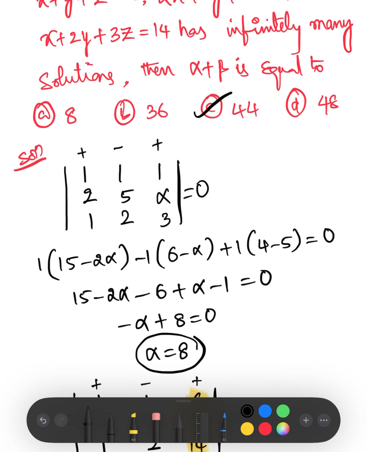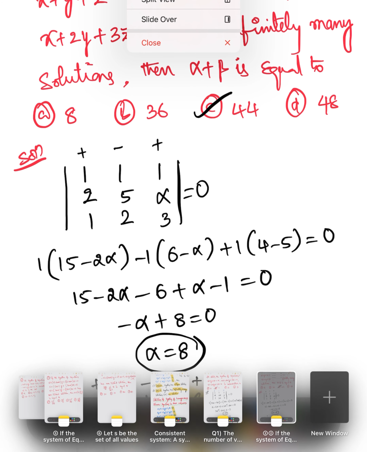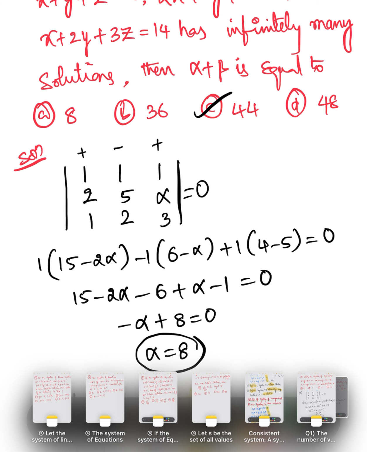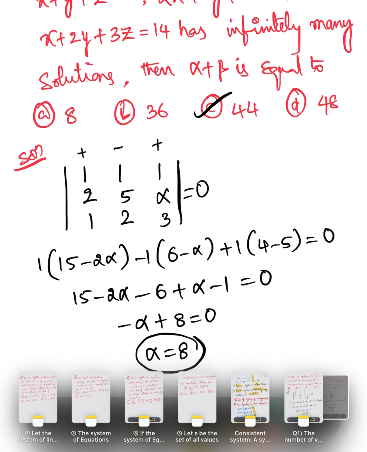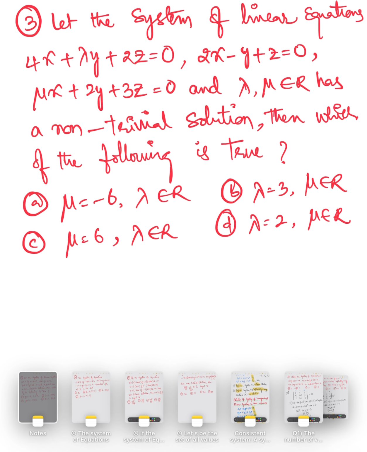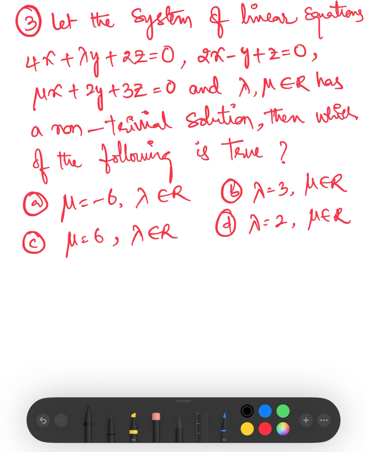Now coming to the next question in this concept. It's a very good question. Let the system of linear equations, same as given, with lambda, mu belonging to R, have a non-trivial solution. Yes, clearly here also det A equal to 0, then which of the following is true?